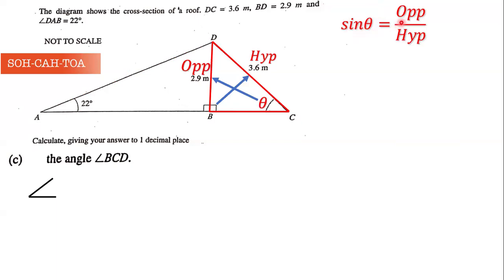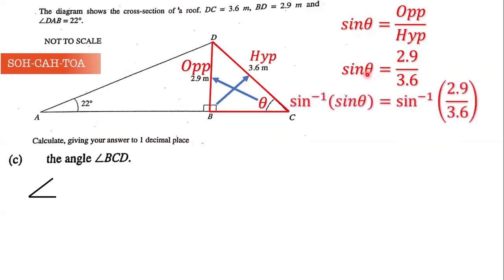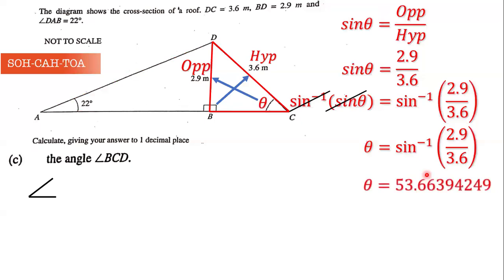Now, what is the opposite? The opposite is 2.9, so we substitute that in. What is the hypotenuse? The hypotenuse is 3.6. What is theta? Well, we do not know what theta is, and that's what we're trying to figure out. So we're going to take sine inverse of both sides. Sine inverse of sine theta is equal to sine inverse of 2.9 over 3.6. Next, we cancel this one with that one. So we get that theta is equal to sine inverse of 2.9 over 3.6, which gives us theta is equal to 53.66394249.